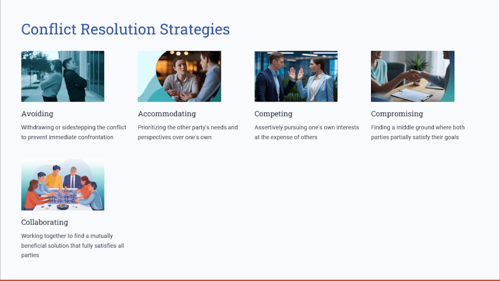The next strategy is that you need to accommodate. Accommodating is like prioritizing the other party's needs and perspective over your own in the conflict, and that is not effective when dealing with conflicts.